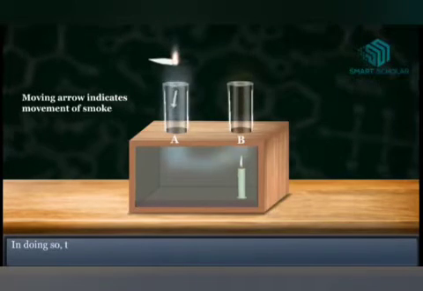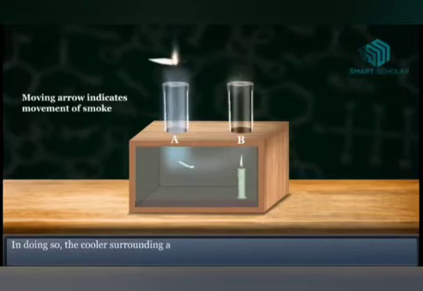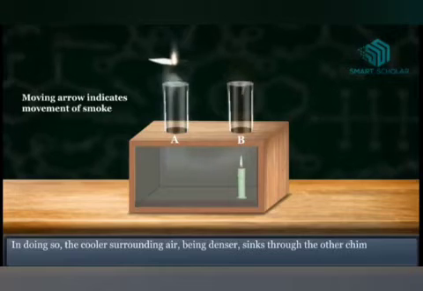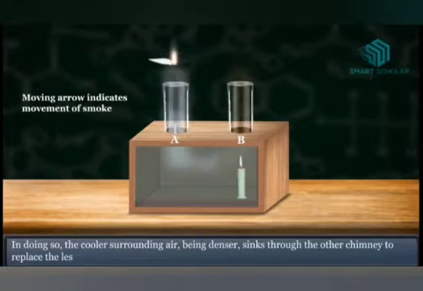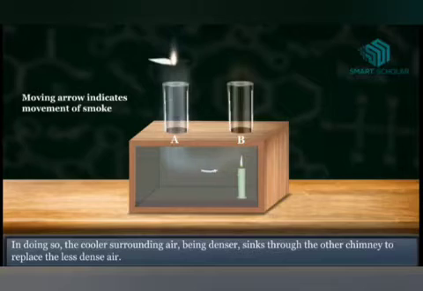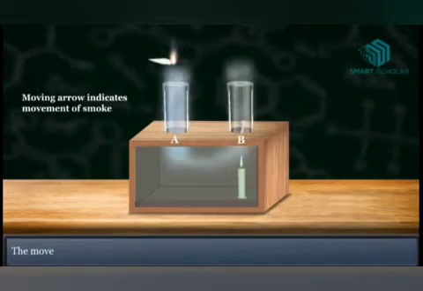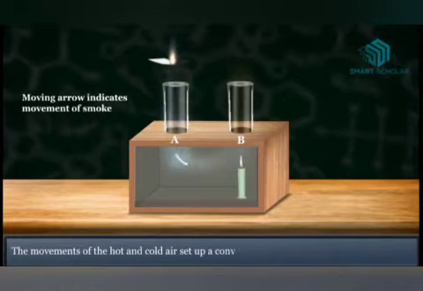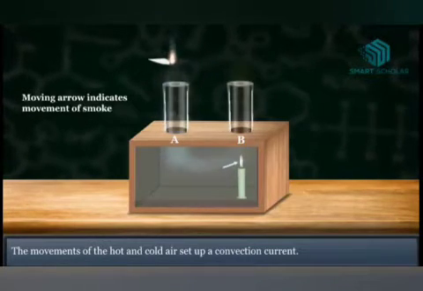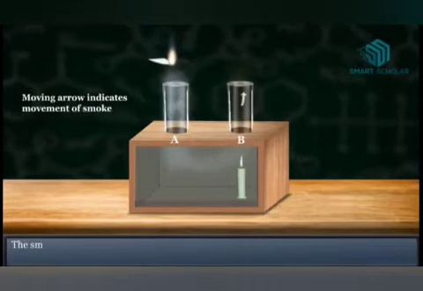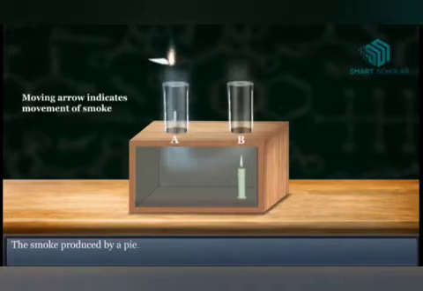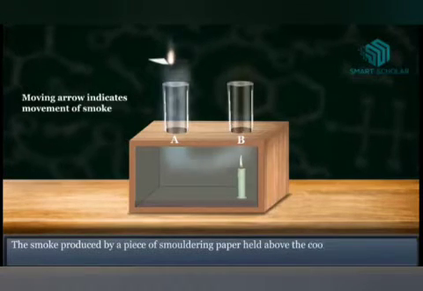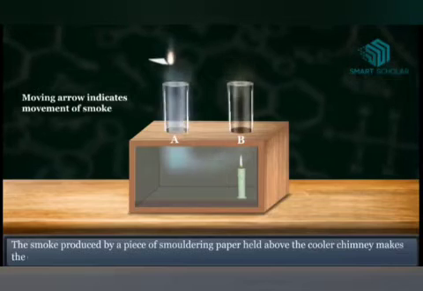In doing so, the cooler surrounding air, being denser, sinks through the other chimney to replace the less dense air. The movements of the hot and cold air set up a convection current. The smoke produced by a piece of smoldering paper held above the cooler chimney makes the convection current visible.